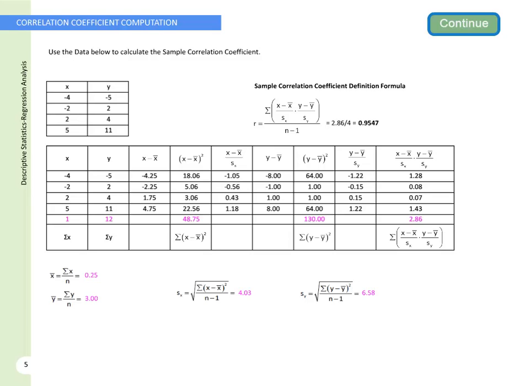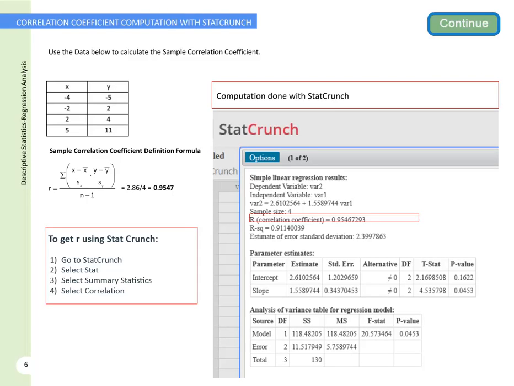For each y value, calculate the deviation from the mean over the standard deviation of y. Then, multiply the pairs, add them up, and eventually divide that sum by n-1. That number is r, the correlation coefficient, which in this example is 0.9547. On this slide the correlation coefficient was calculated with StatCrunch.